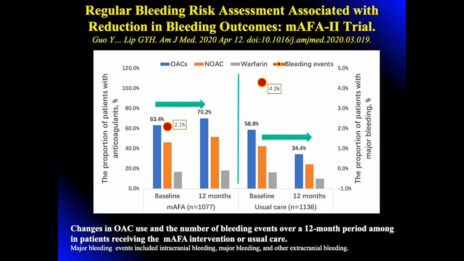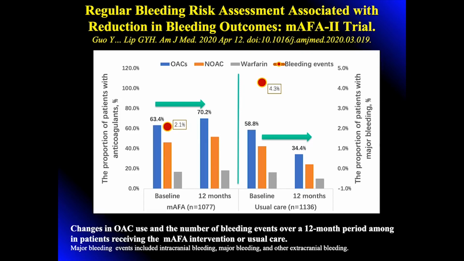Now, this was introduced to draw attention to modifiable bleeding risk factors, and importantly to use the HAS-BLED score to identify the high-risk category of patients that should be flagged up for early review and more frequent follow-up. Now, incorporation of the HAS-BLED score into the patient decision aid and management pathway within the mAFA app resulted in a lower risk of bleeding events in the active intervention with the mAFA app compared to usual care.